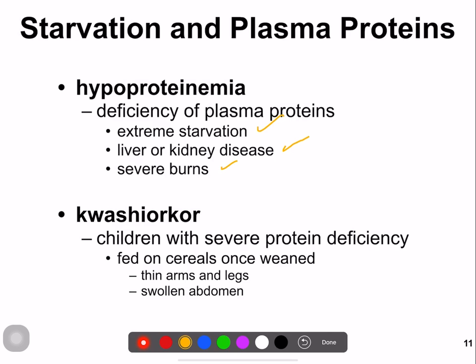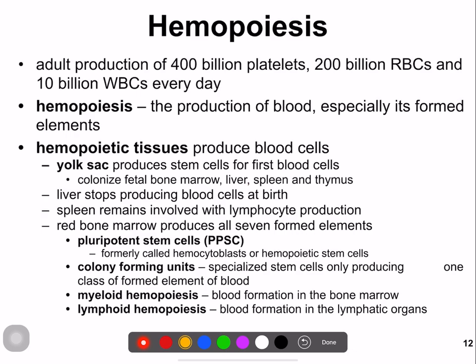And then we have some metabolic forms of it, where we see children with severe protein deficiencies. Often they're fed on cereals, which don't have complete amino acid profiles in the food. And they typically present with thin arms, thin legs. They're basically in starvation mode, yet you'll still see that distended abdomen, which is basically an ascites, a buildup of fluid in the abdominal cavity.